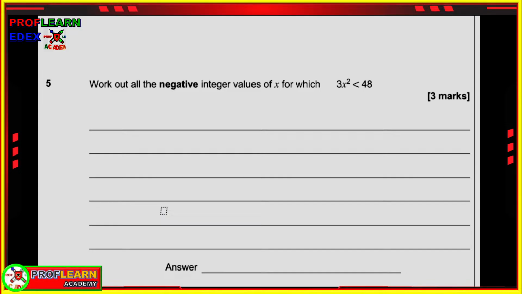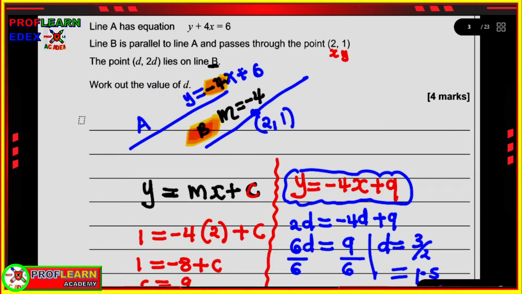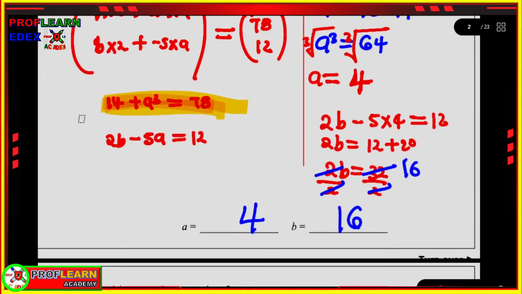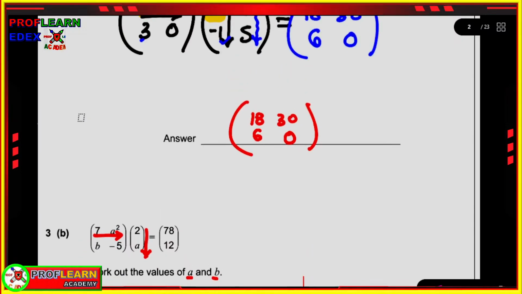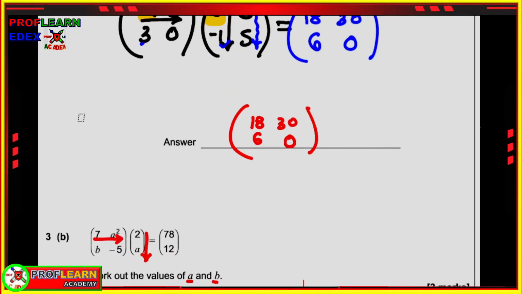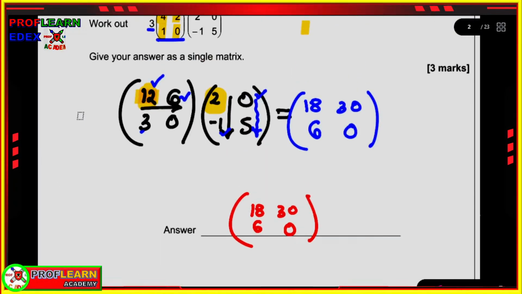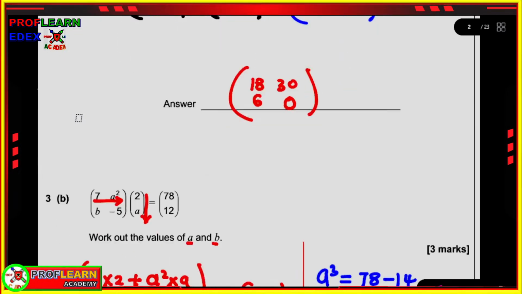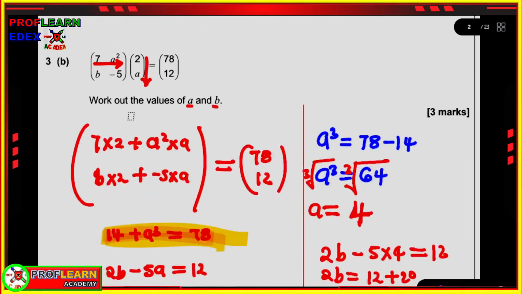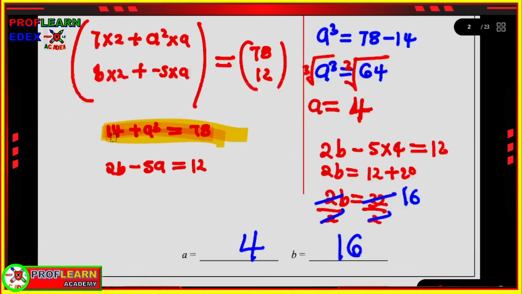Now we are moving to question number 5. Already we have done the question to do with matrices, which was part A, which we got as 18, 30, 60 when you multiply two matrices. You can also be given a question whereby you multiply matrices and then use it to find unknowns.